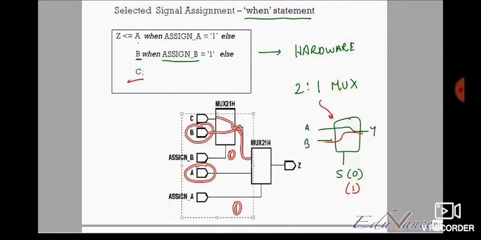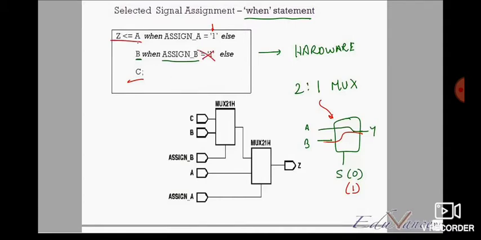Again, I'll repeat. If my assign A is 1, then Z will get A irrespective of what assign B is. It would not care about the value of assign B, and hence this kind of logic is called priority logic.